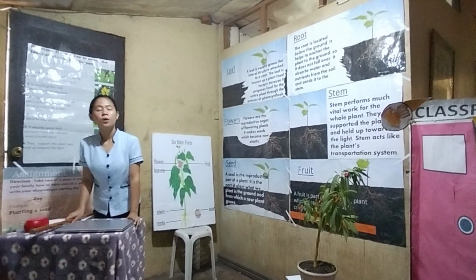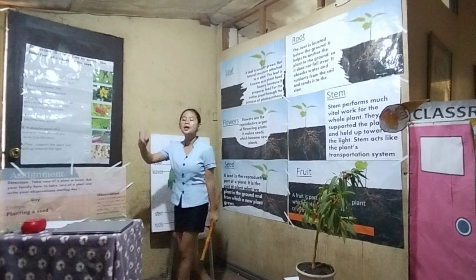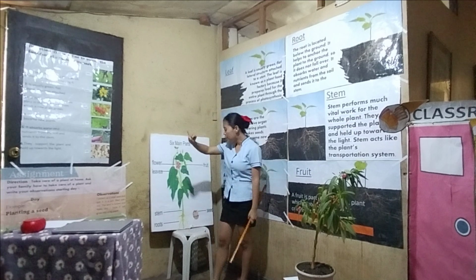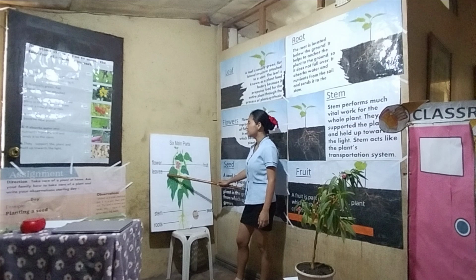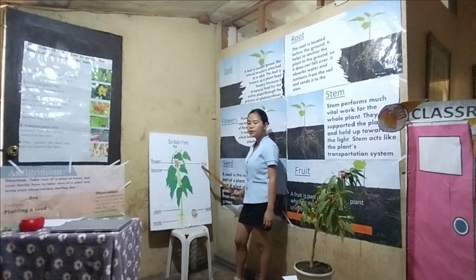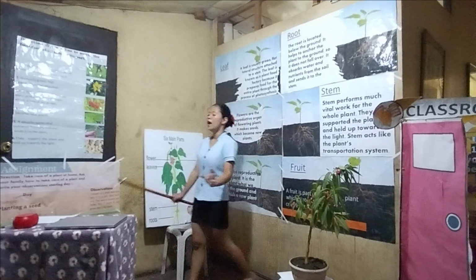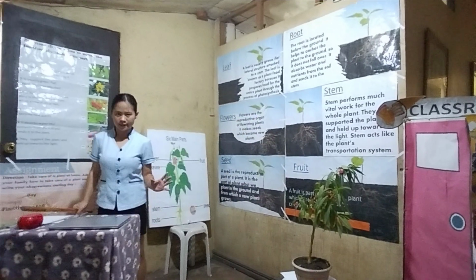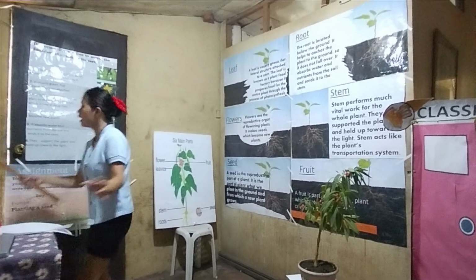So, class, what are the 6 main parts of the plants again? Namely the roots, the stem, the leaves, the flower, the fruit, and the seed. Okay? Alright, so now I will give you a quiz. But before that, can you read the direction?